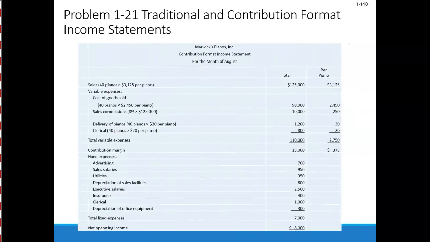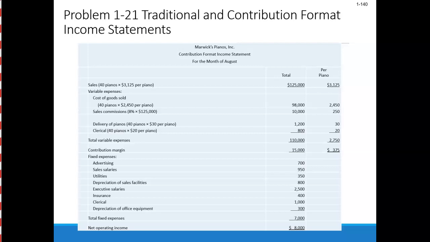Now the contribution format shows the total sales, shows the cost of goods, shows the variable expense of the sales commissions, shows the variable expense of delivery of the pianos, and shows the clerical cost variable per piano.